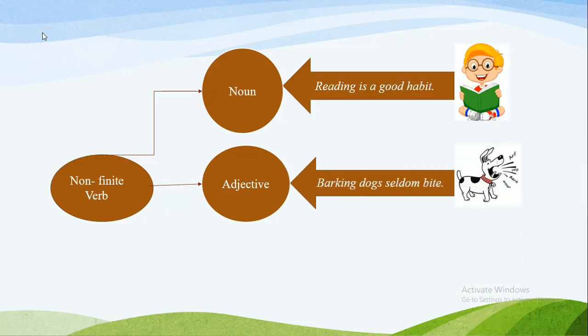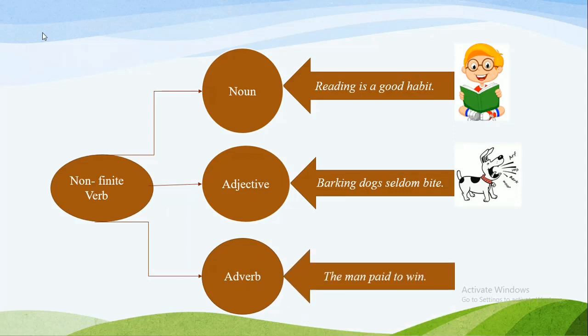Here, barking functions as an adjective in the sentence as it is describing the dogs. Now let's see how they function as adverb. The man paid to win. Here, win functions as an adverb in the sentence. I hope you got how to use non-finite verbs in the form of noun, adjective, and adverb.